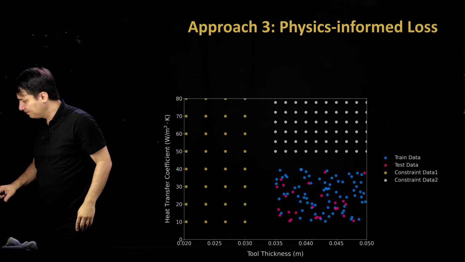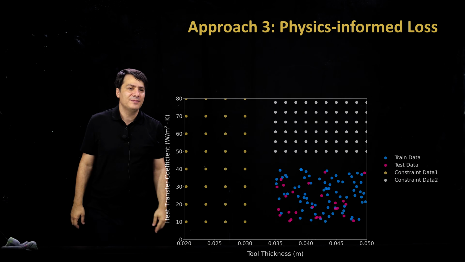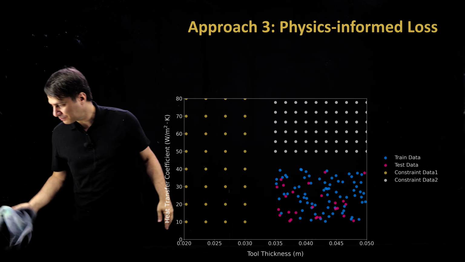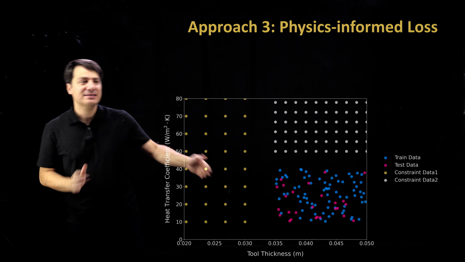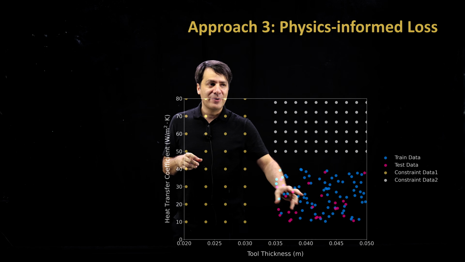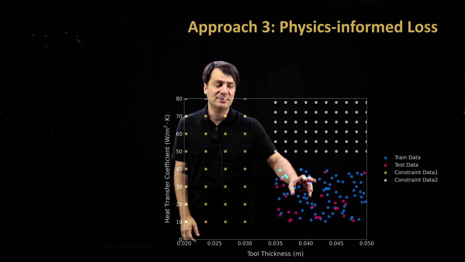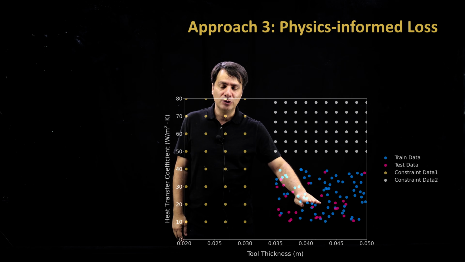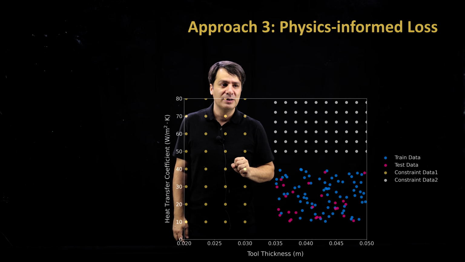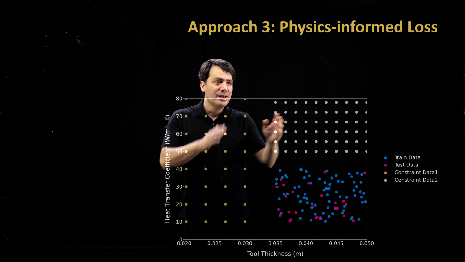OK, so let's look at it again. We have a domain of data, which is length and heat transfer coefficient. In one corner, we have our training and test data. That is the 75 blue dots and 25 pink dots, which we are using for evaluating our accuracy.